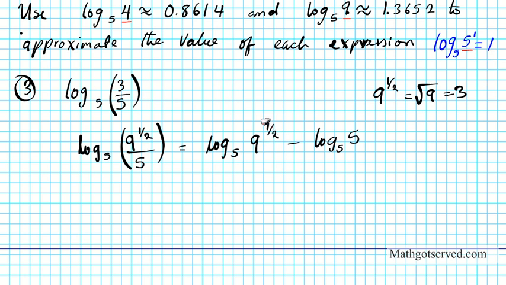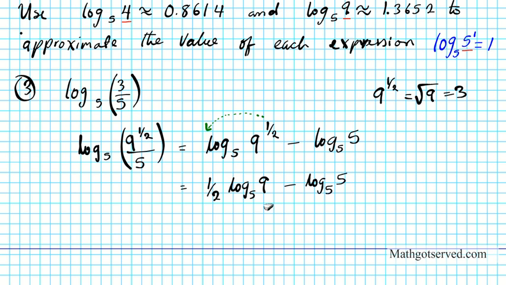Well, I'll use the power property of logarithms. This 1/2 can come to the front as a product right here. So it becomes 1/2 log base 5 of 9 minus log base 5 of 5.